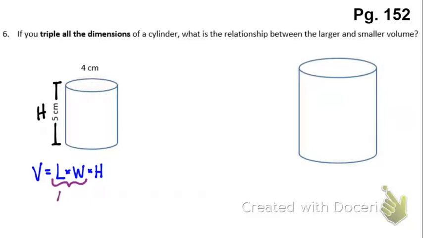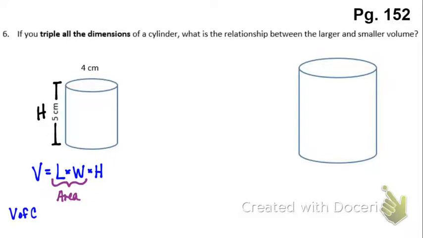Area. So I'm taking area of one surface and multiplying it by the height. How do I find the area of a circle? Isn't it like the radius and the area? No, you got this right.